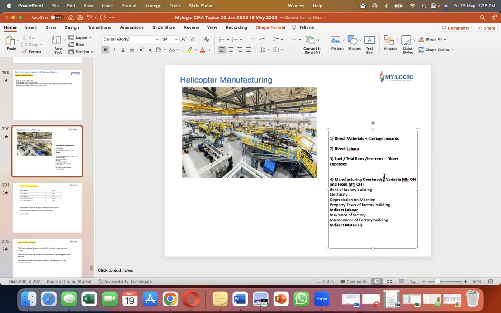Variable manufacturing overhead, let me give an example: indirect material, the gloves which I purchase. If 1,000 production runs happen in a month, the manager will have an idea that I need to purchase probably 2,000 gloves.